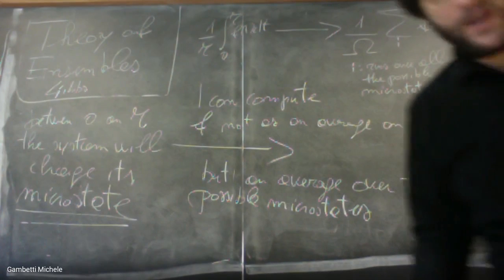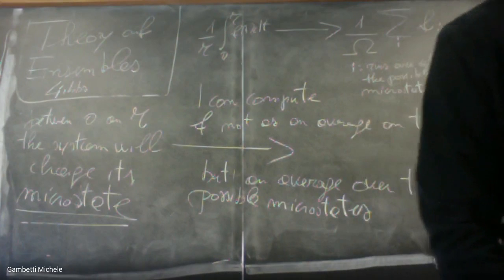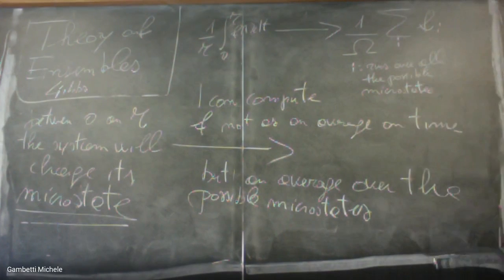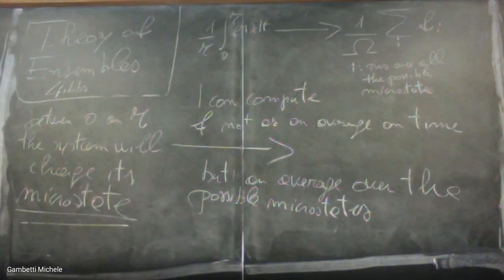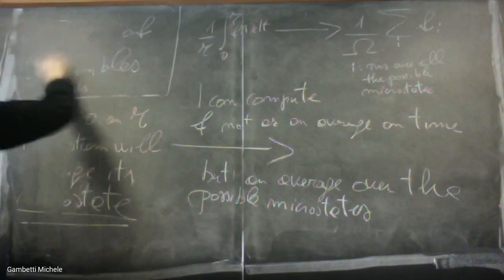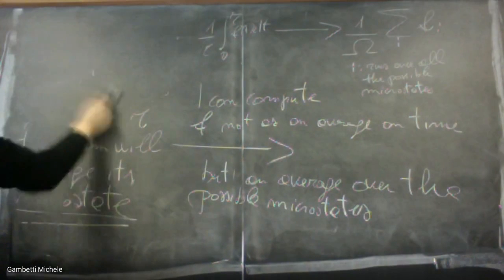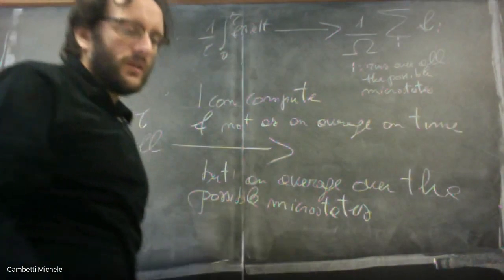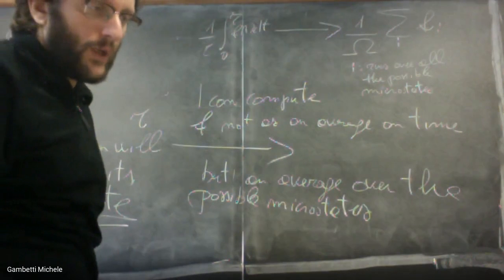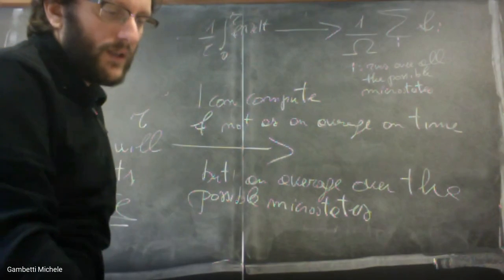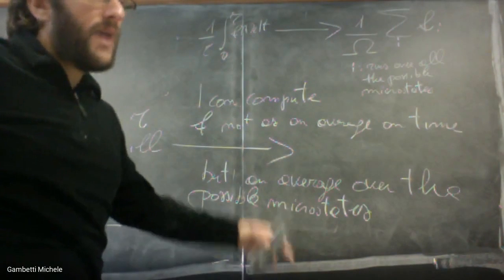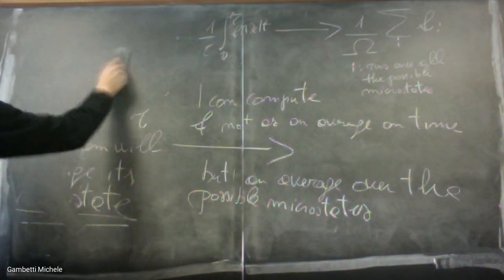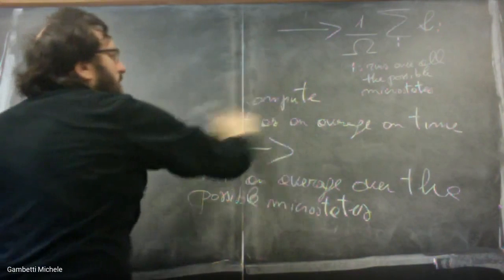It's the first time that I explain this, so I'm trying to be redundant in order to be sure that you understand what I mean. So basically, if I want to measure, for instance, the temperature of the chair, instead of putting an instrument here and averaging over time, I will take many different chairs that are in the same condition and average over all these mental copies of the chair.